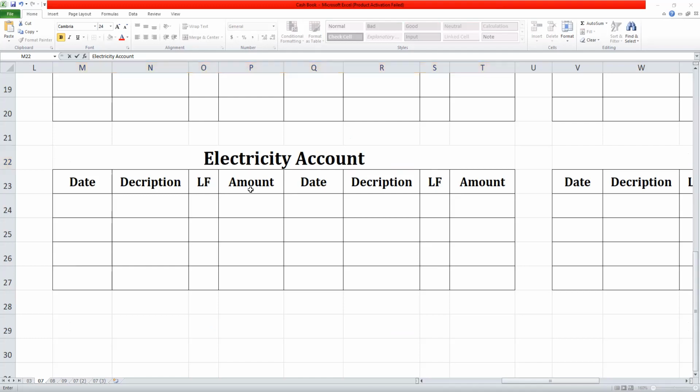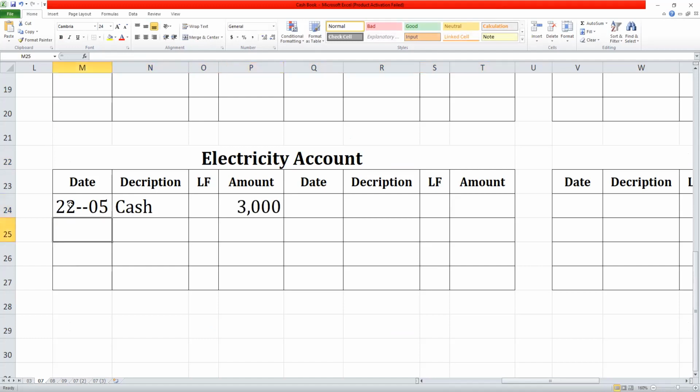The cash book is credited, so on this date, 22nd of May, we have to debit the electricity account by 3,000 rupees. See how simple it is.